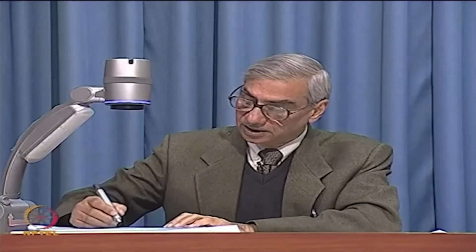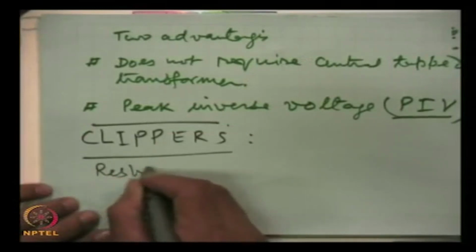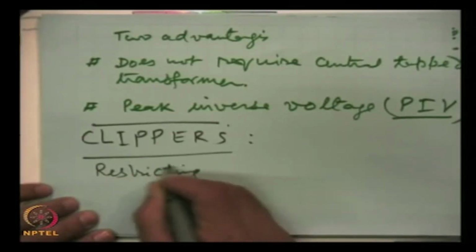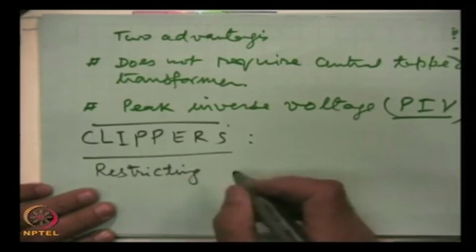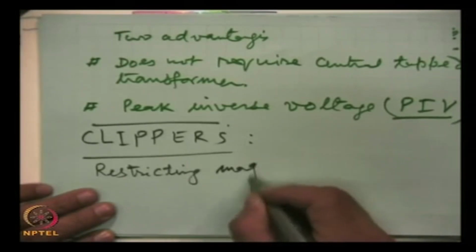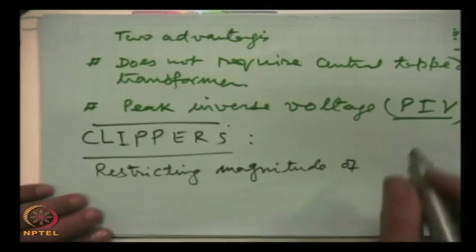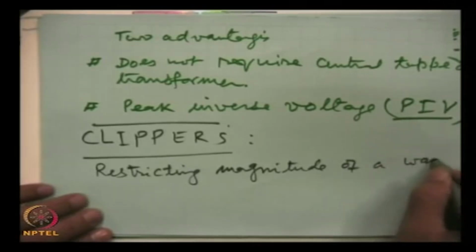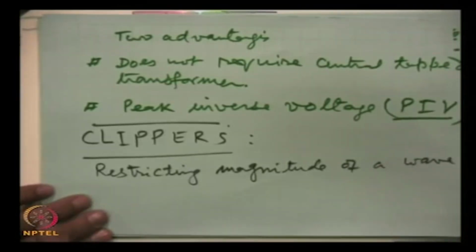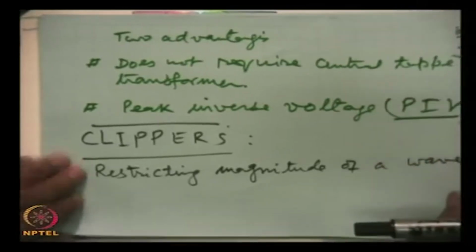Clippers are used in restricting the magnitude of a wave, and for that diodes are used. So, let us look at this circuit.